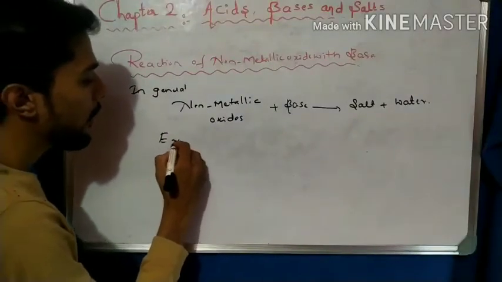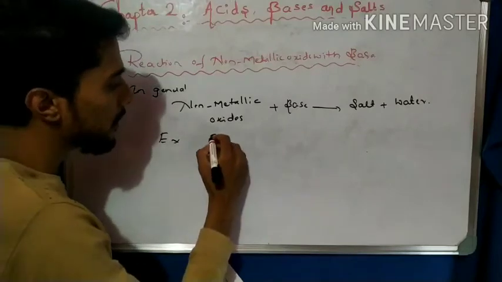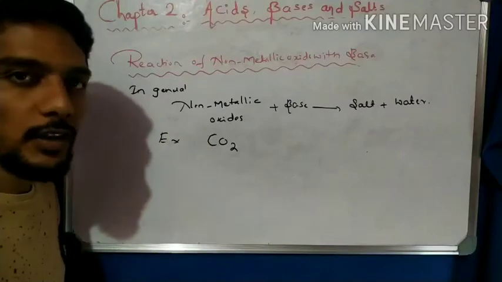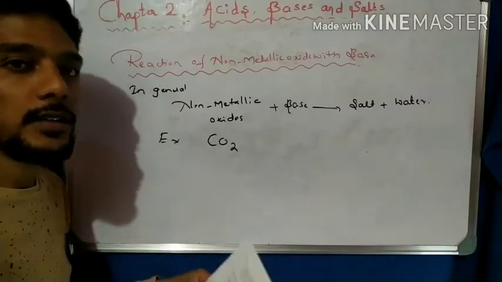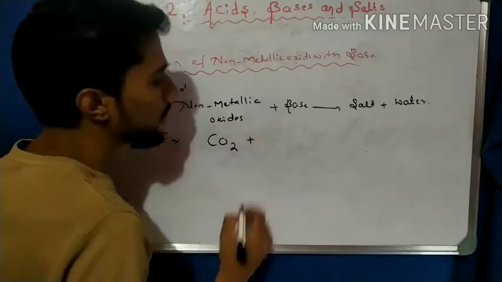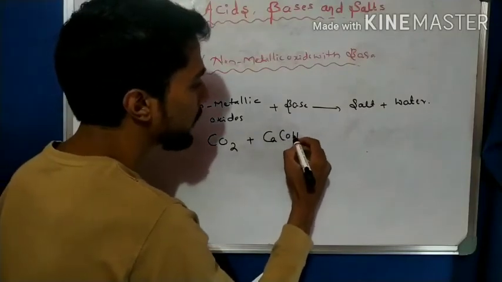For example, I take a non-metal oxide, that is carbon dioxide. Carbon is a non-metal, so carbon dioxide is a non-metal oxide, and you can also take nitrogen dioxide, sulfur dioxide, sulfur trioxide. All these are non-metal oxides. Plus I take a base, that is calcium hydroxide.